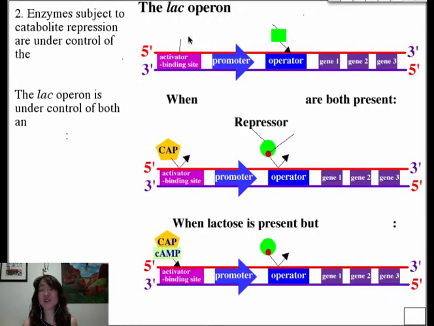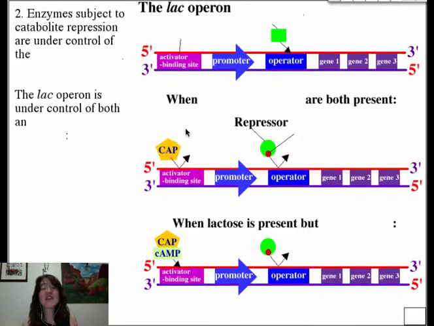Here is a picture of the lac operon. And notice that the activator binding site at this current view is not bound by the activator protein. The activator protein is called Catabolite Activator Protein, or CAP for short. Catabolite activator protein has to be bound to the activator binding site in order to see full expression of the genes that degrade lactose. So that catabolite activator protein must in fact be regulated by the secondary messenger cyclic AMP.